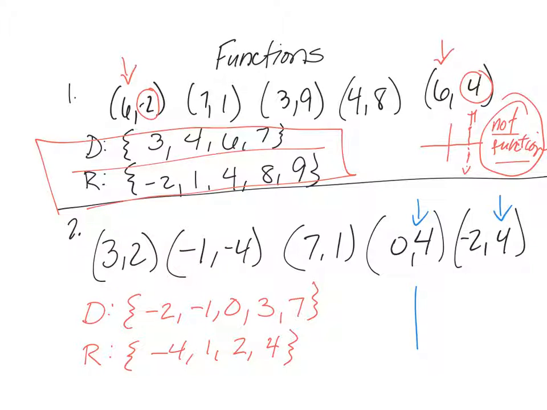So when I graph 0, 4, it's right here, and -2, 4 is right up here somewhere, right? It does not fail the vertical line test because they're in a horizontal line. So this is, yes, a function.